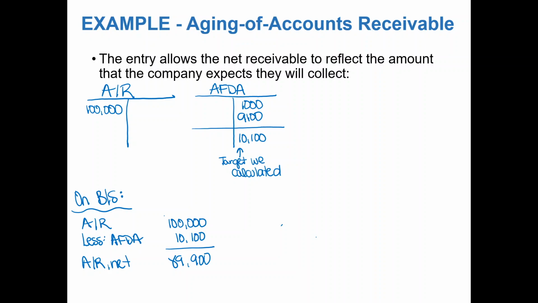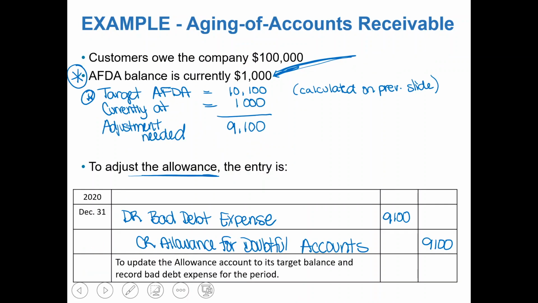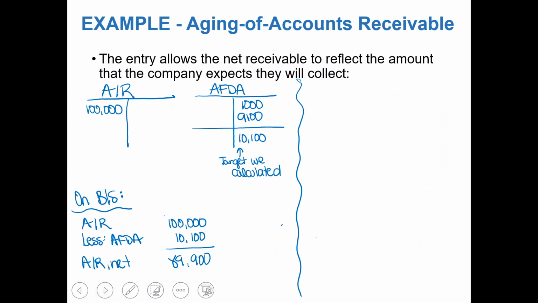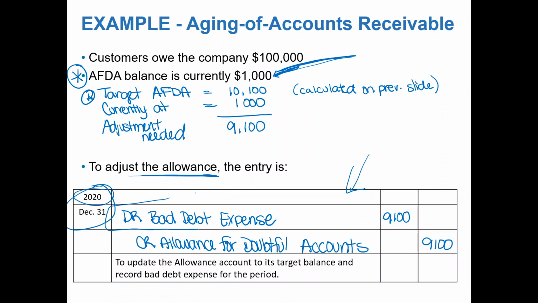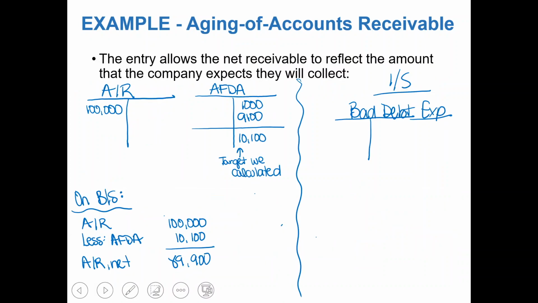So that is the balance sheet side. But let's say we do this entry, we only do it once a year. So this is the entry booked at the end of the year for December 31st for the year of 2020. So this is the balance sheet side, but on the income statement, we would have our bad debt expense. So this entry was the amount that we booked. We debited that for $9,100. So that would be our bad debt expense for the year.